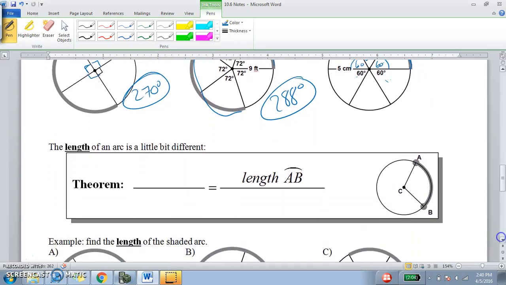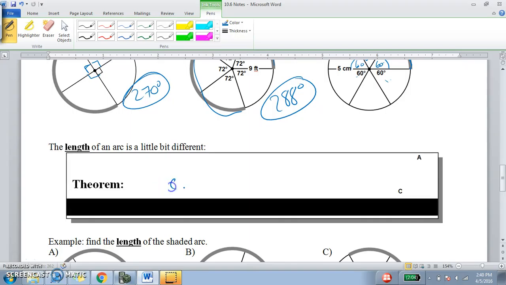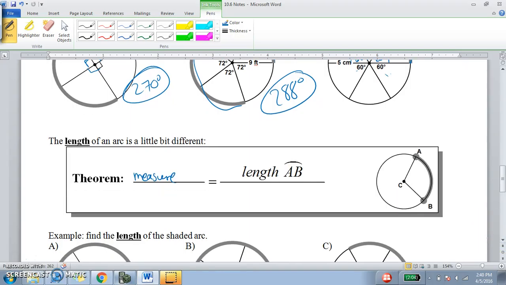When we're talking about the length of an arc, the actual length in feet, inches, or centimeters, whatever we're measuring the circle in, we're going to set up a proportion to find that. We already talked about the measure of an arc. We're going to compare the measure of that arc, how much of the circle, for example 270 degrees, 288 degrees, and 120 degrees, to the whole circle, which is 360 degrees.